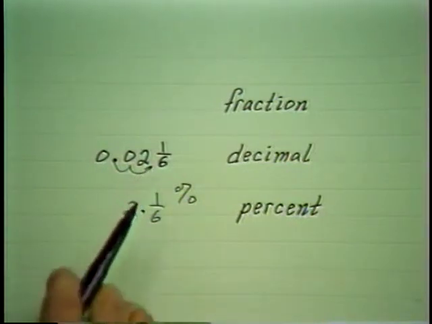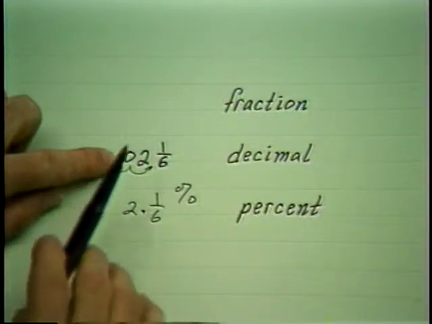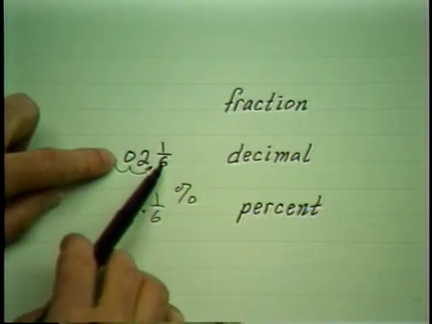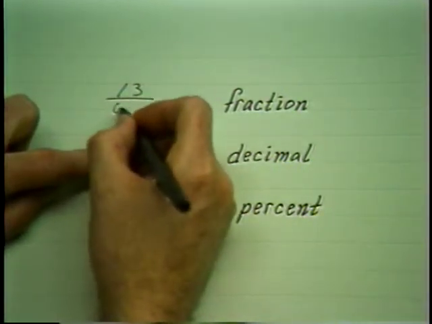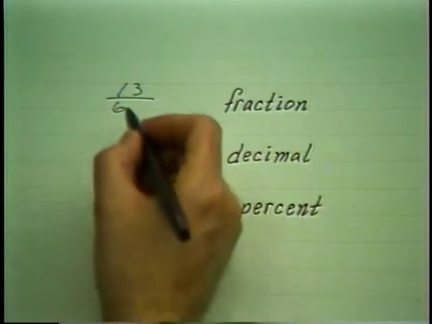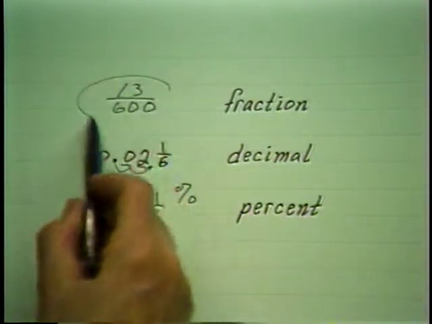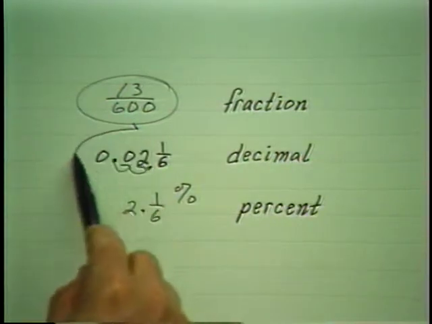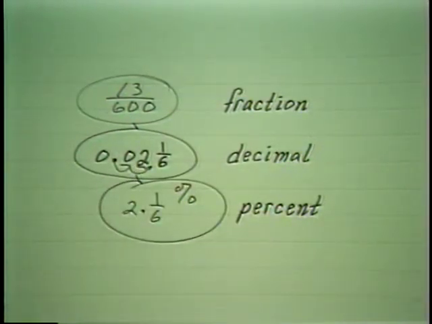Do you recall that? Pretend like the decimal point isn't there. Convert this to an improper fraction, so that would be 13/6. Then for each decimal place, and there are 2 of them, we append 2 zeros, and that's it, unless it's reducible. So again, 3 forms of the same number.